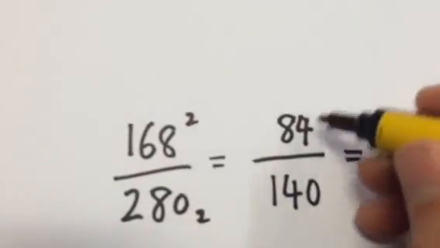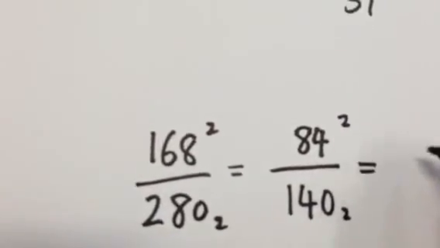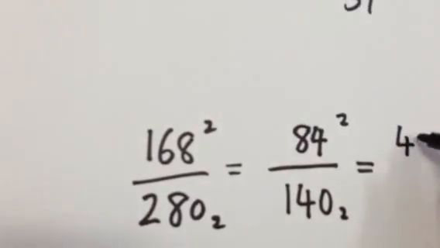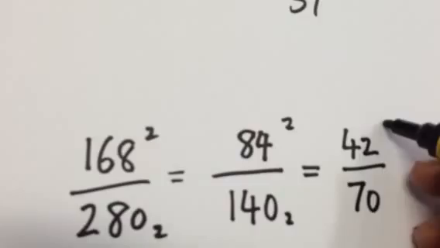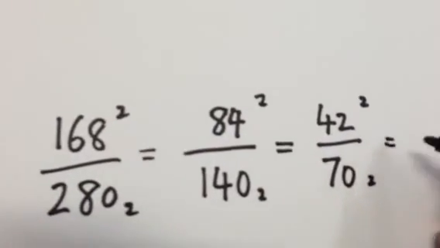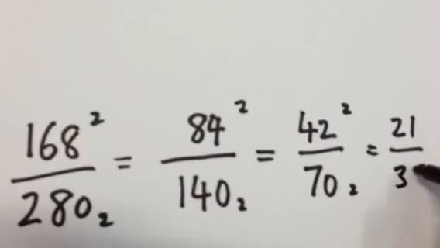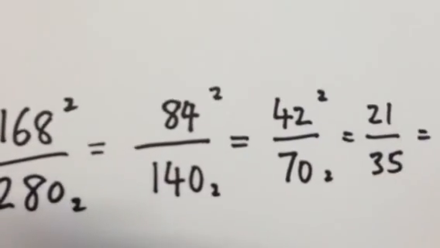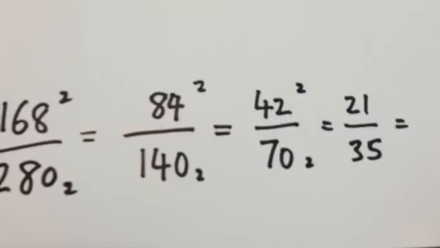Right, I can divide by 2, top and bottom again, because they're still even numbers. So that's 42 over 70. I can do it again. Still even numbers. 21 over 35. I can't divide by 2 anymore on that one.